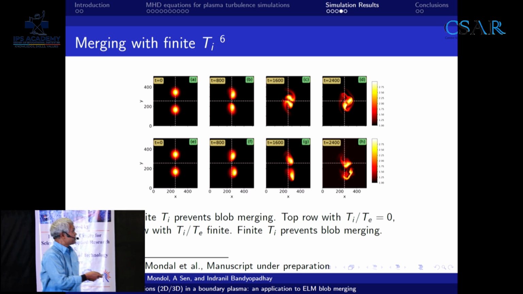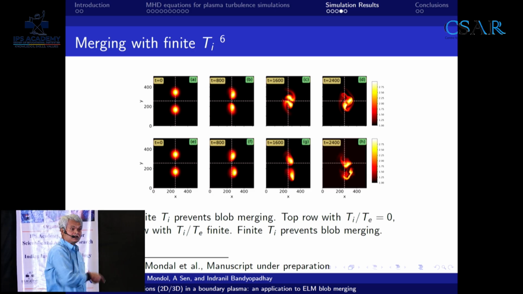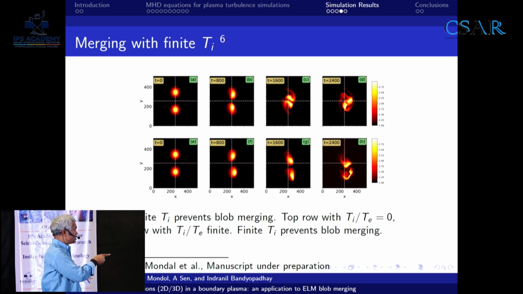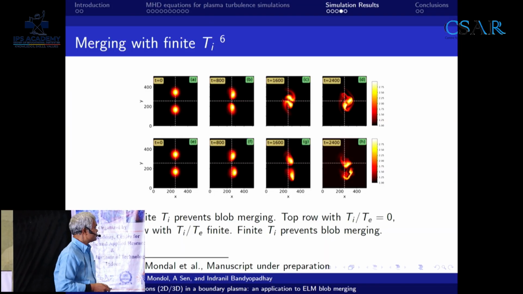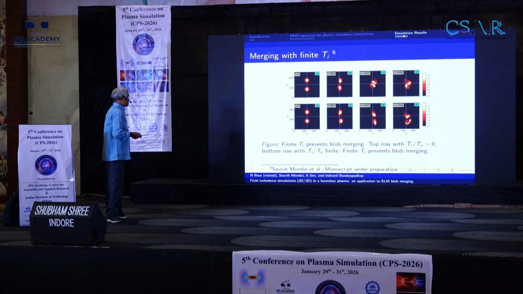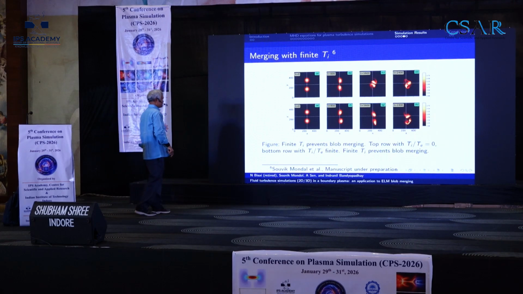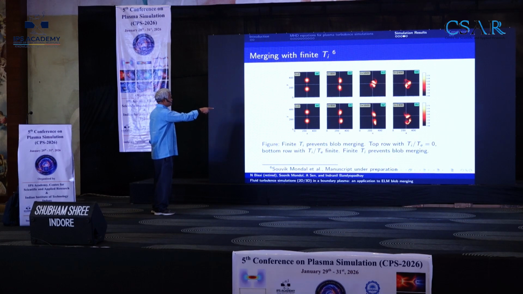Earlier in the cold ion case, you see both merge together. But whenever there are hot ions, we find that they maintain their coherency for a longer time. They move in the poloidal direction, and after some time, we find that they do not merge with each other.